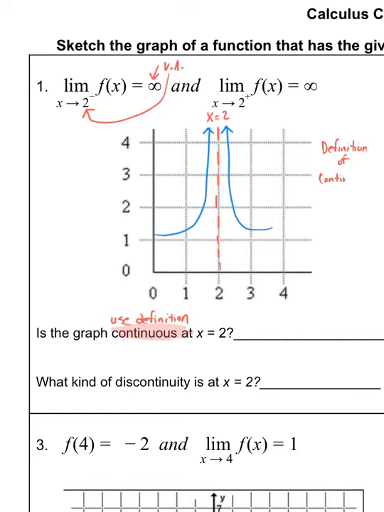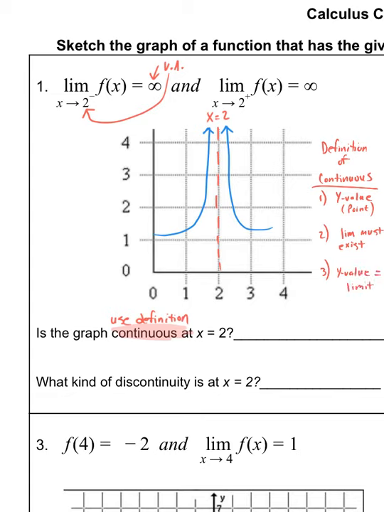The 3 steps. Number 1, there has to be a y value. There has to be a point. There has to be a limit. The limit must exist. And the 3rd step, the y value has to be equal to the limit.